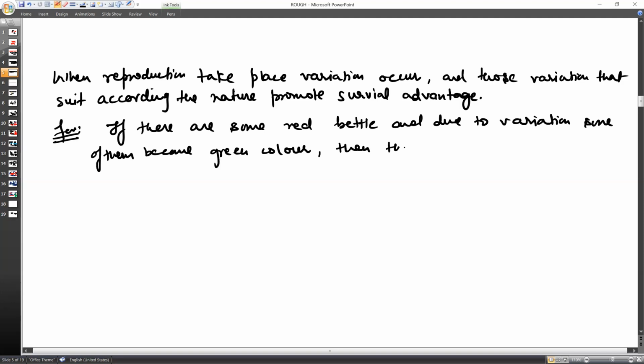Then this green color variation is happening.